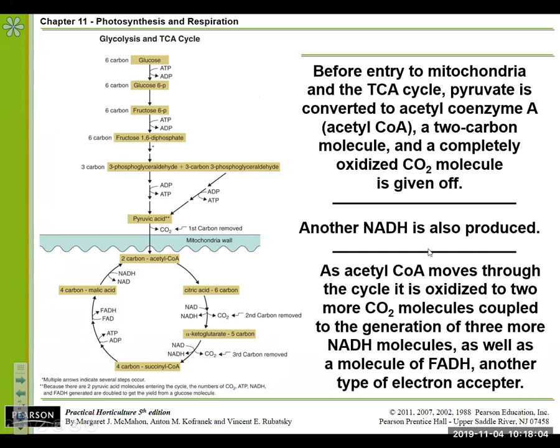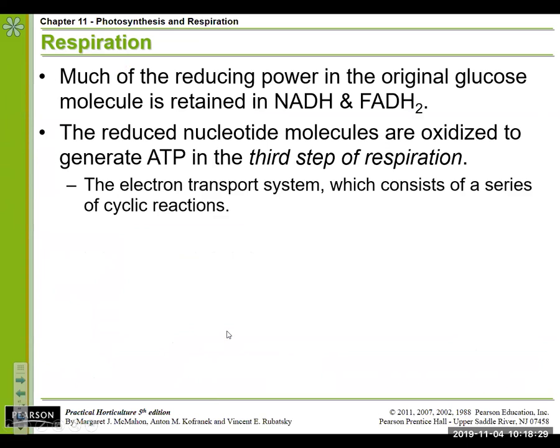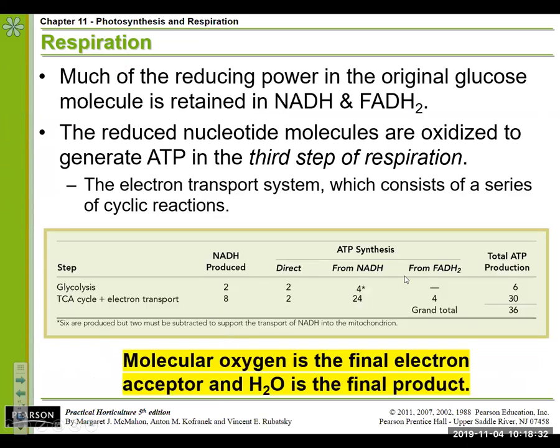And I'm not going to dwell on this, but basically it's moving that glucose, making more complex molecules through the oxidation and reduction of it into the mitochondria, where then it is formed into different molecules that are used for the metabolism of the plant. Much of that reducing power in the glucose molecule is actually retained in the NADH and another molecule, the FADH.